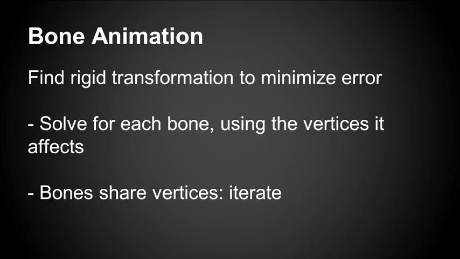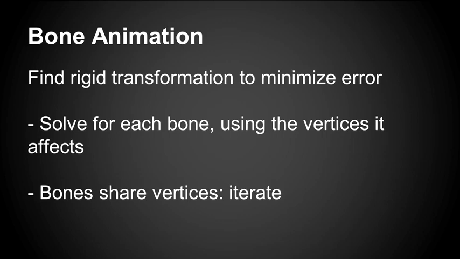Now let's switch to the bone animation. The problem with bone animation is that we need to find the rigid transformation of each bone for each frame of the animation, which minimizes the same error that we talked about before.